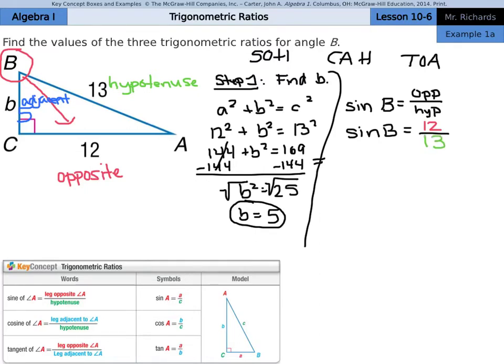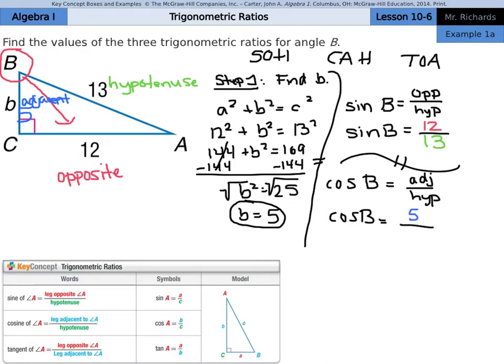So 12 over 13. Then, what about cosine? Well, the cosine is equal to the adjacent over the hypotenuse. And so for the cosine of B, this is going to be the adjacent, which is 5, over the hypotenuse, which was 13.